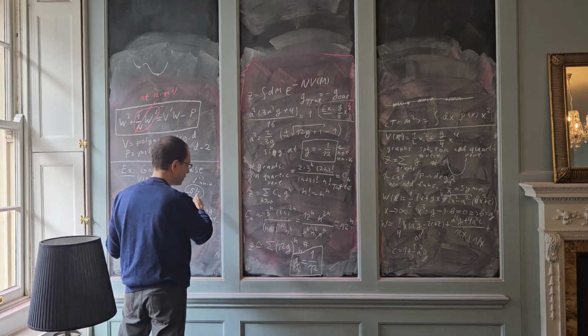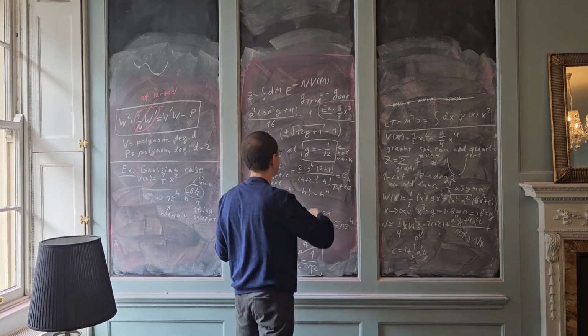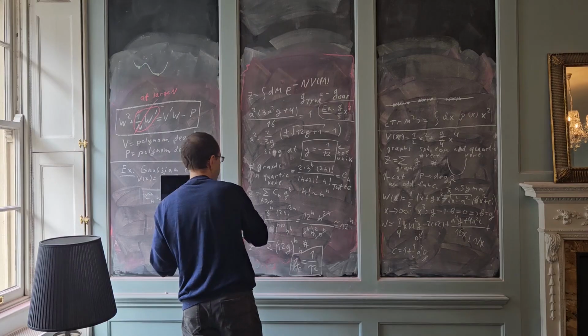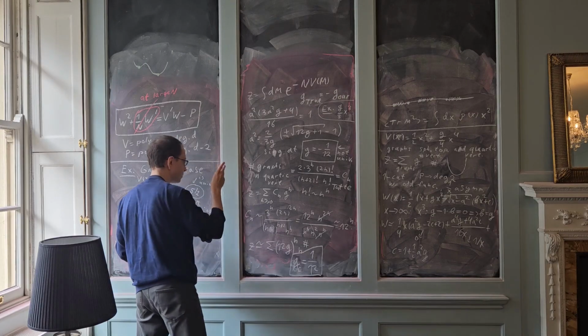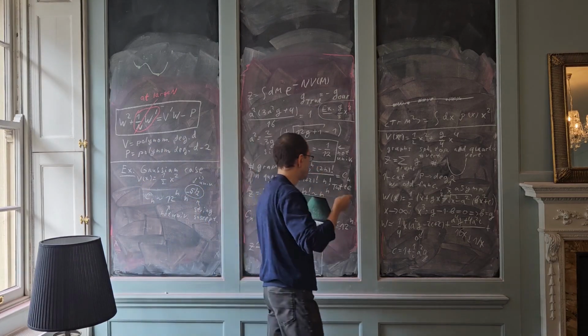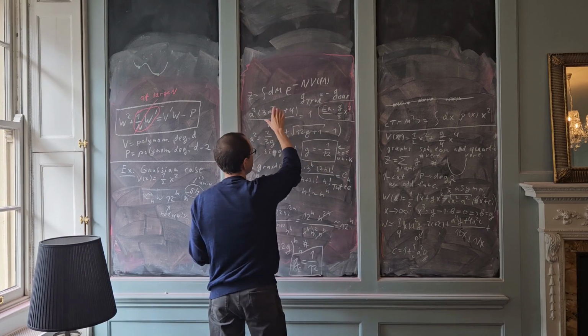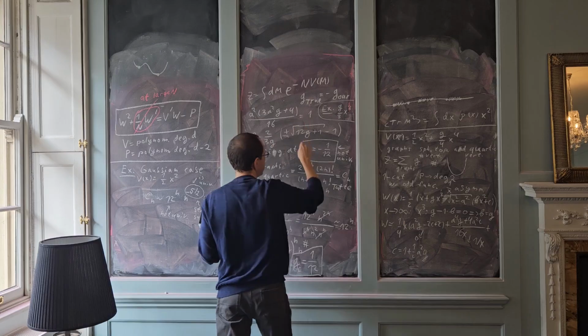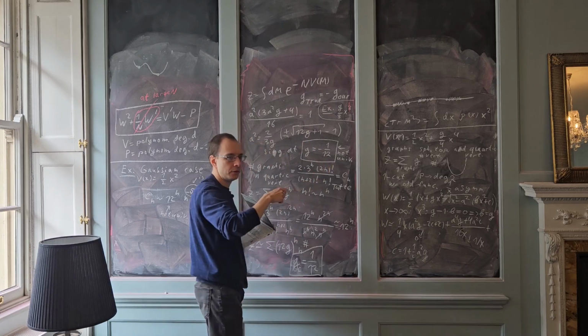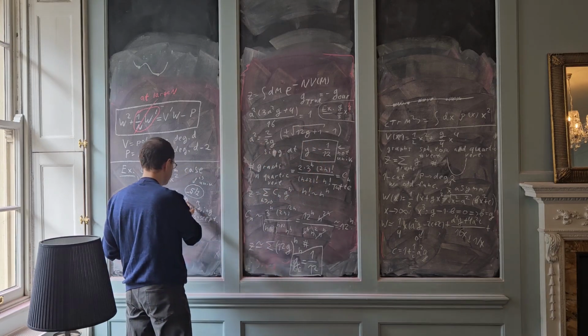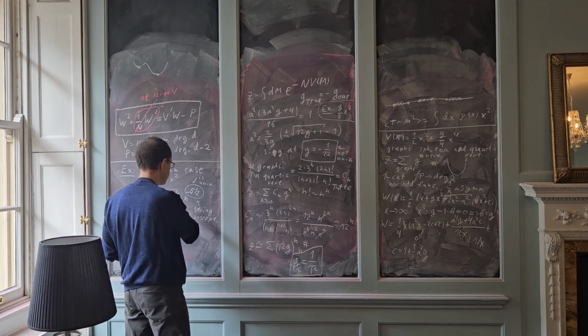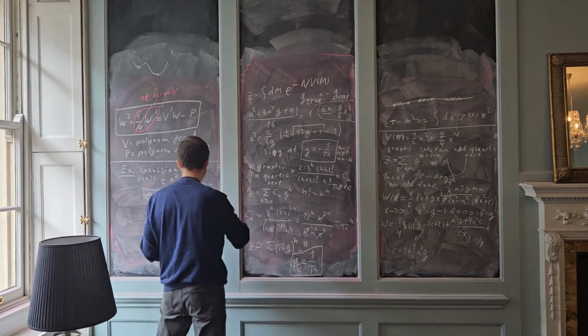And it can also be computed by a more subtle analysis, basically by considering some 1 over n correction. So we need to send at the same time the size of the matrix to infinity and the G to this critical value. In this regime, we want to find the behavior of this perturbative series.